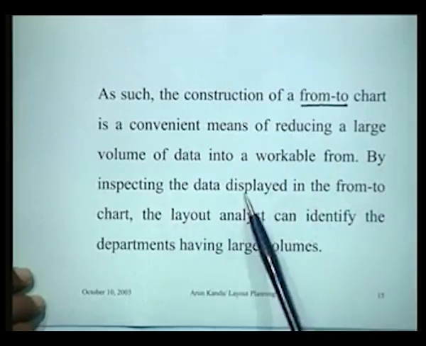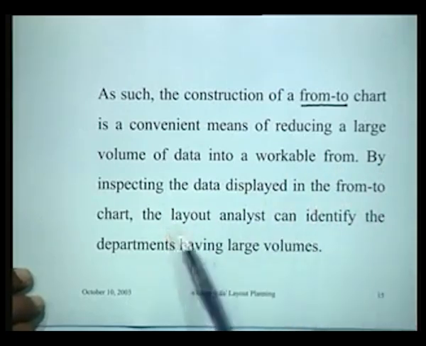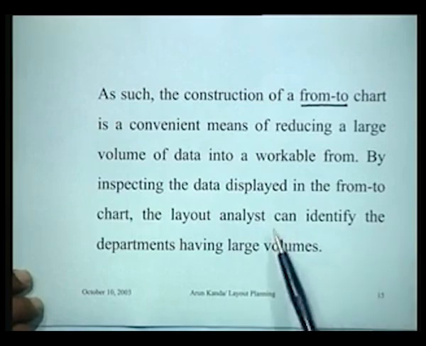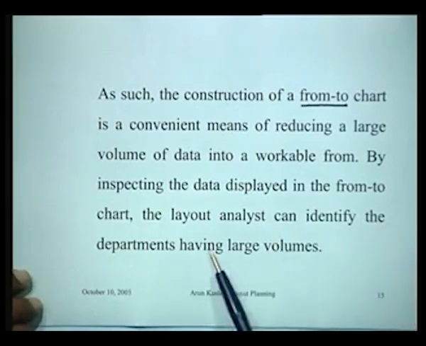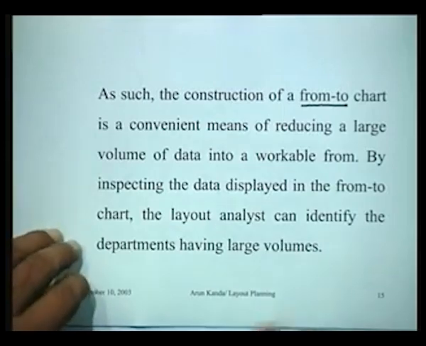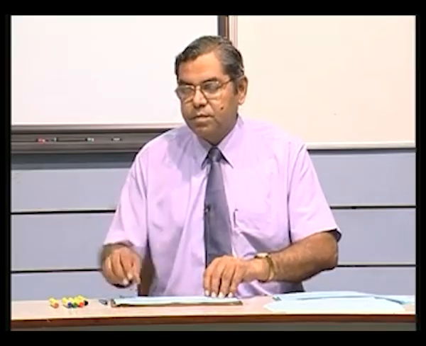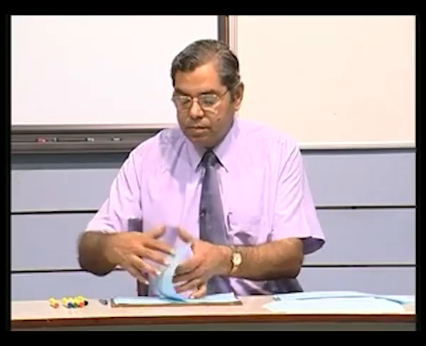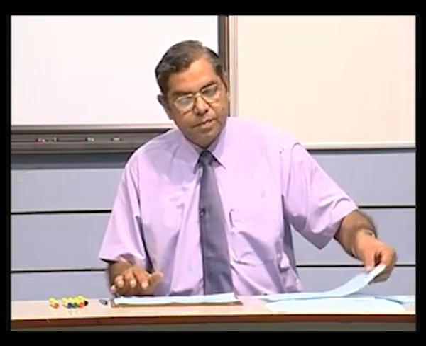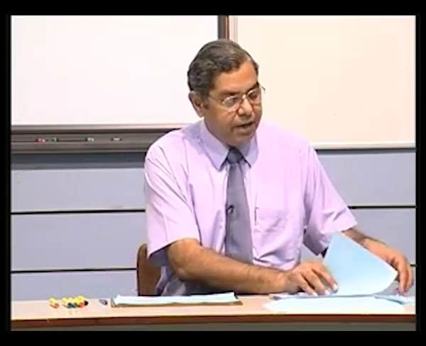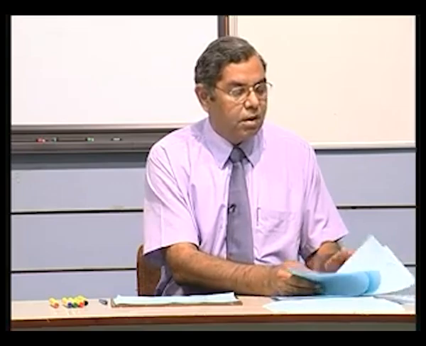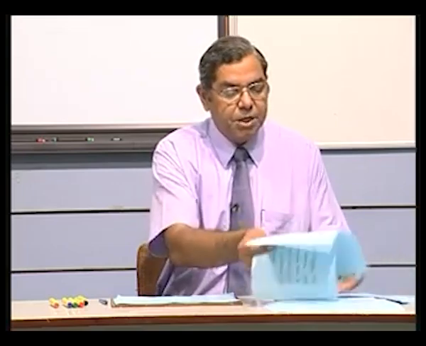And by inspecting the data displayed in the from to chart, the layout analyst can identify the departments having large volumes of movement. So let's try to do it for our example. What we find here is, let's say how you construct this information.